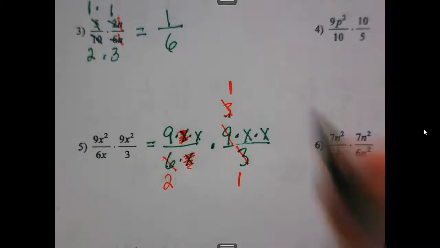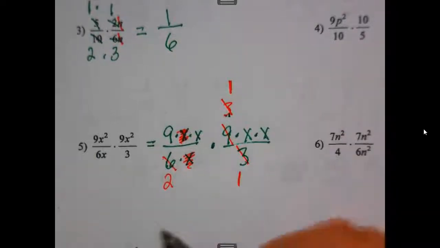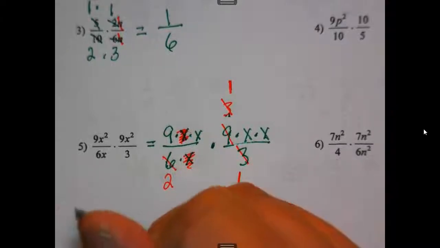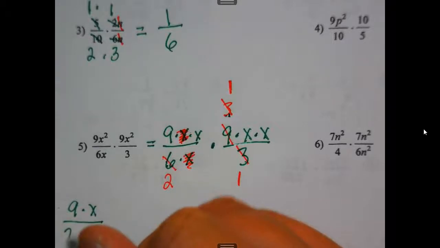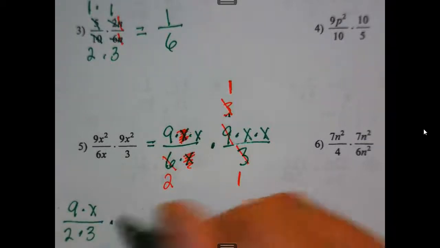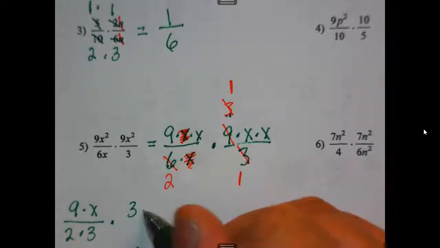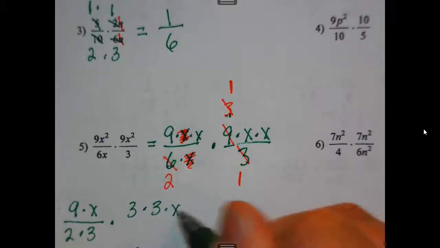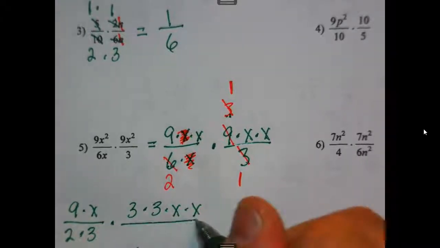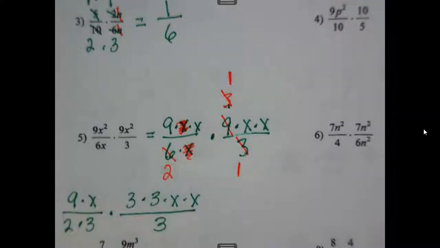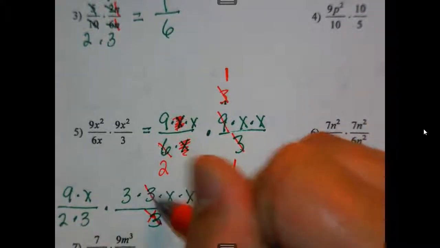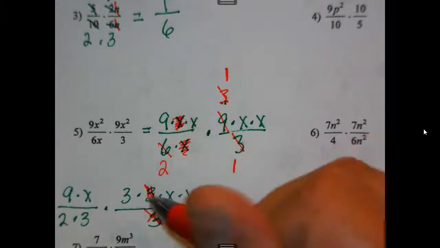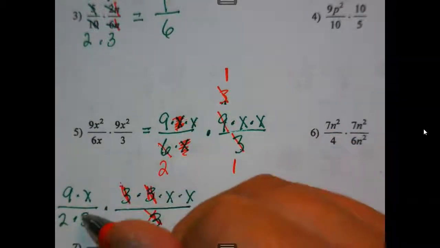In other words, I could bust that 9 up. I could have 9 times x over 6 is 2 times 3, and 9 is 3 times 3 times x, all over 3. Okay. So when I factor out a 3, then I can factor out these 3's. That's what I did.